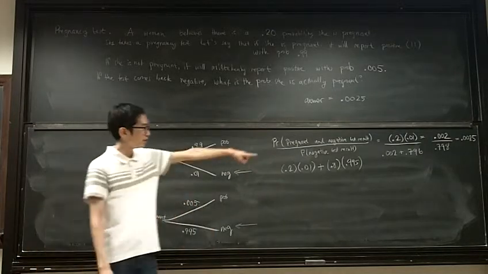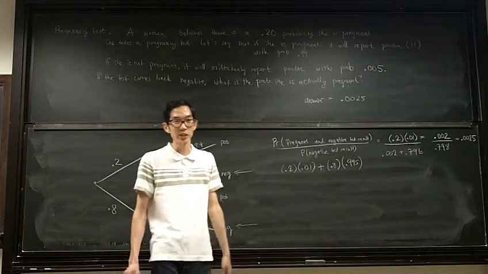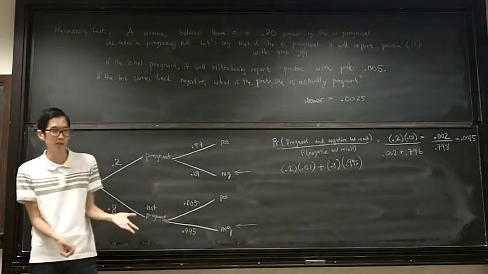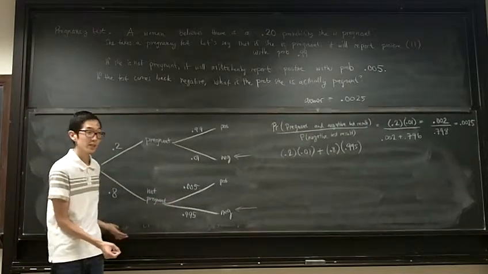So this thing that we've done is known as Bayes' rule, okay? And this is where the Bayesian probability of belief comes in.